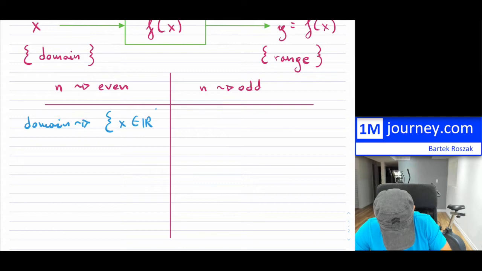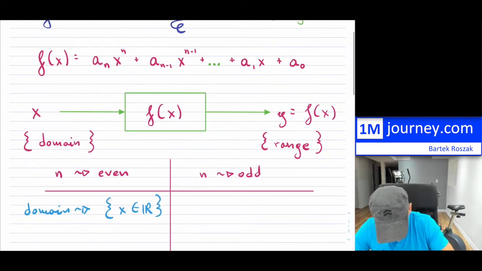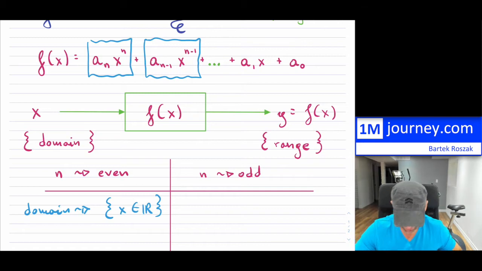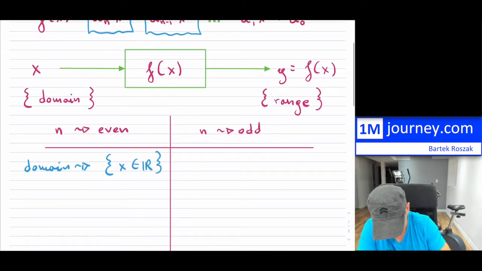That shouldn't be a surprise, because these polynomials are just made up of power terms, and if you take a power term, you can input anything you like. Any real number will work, and you're going to get a result back. There are no denominators, so there's nothing for us to worry about in a polynomial function, which is great. That's the case both for n even and for n odd.